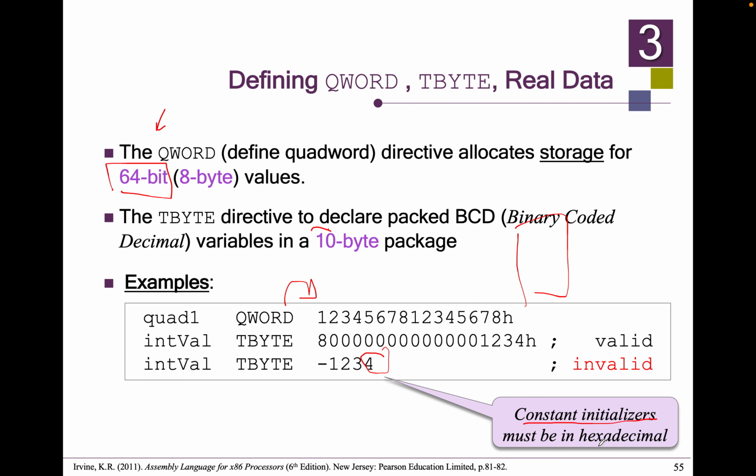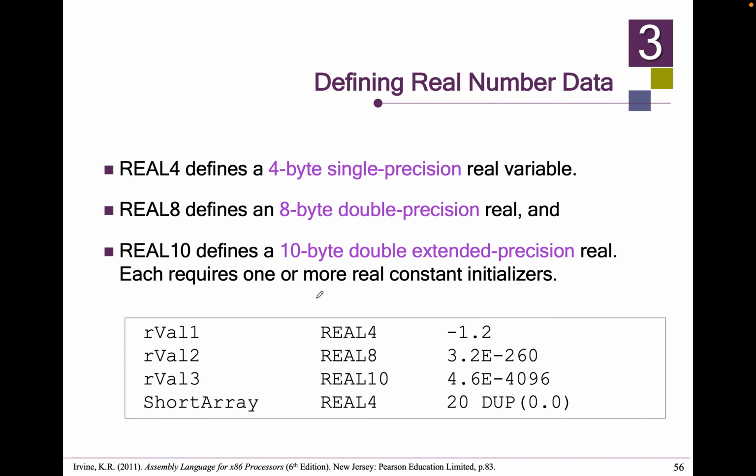But you can convert later on to hexadecimal. Constant initializer must be in hexadecimal. That's why you need to convert it first before you write it in. And there is another one, which is defining real number data. You have REAL4 defined as 4-byte single precision, REAL8 as 8-byte double precision, REAL10 as 10-byte, not bit, double extended precision.